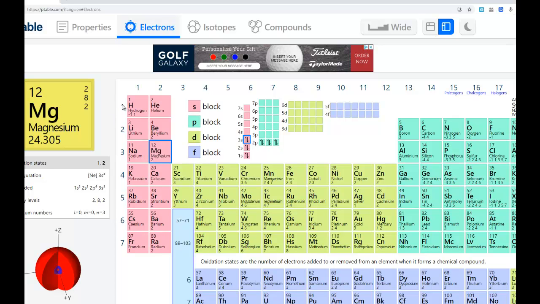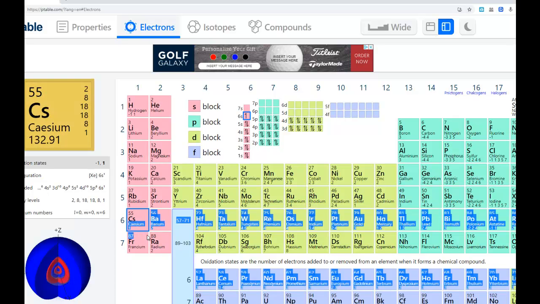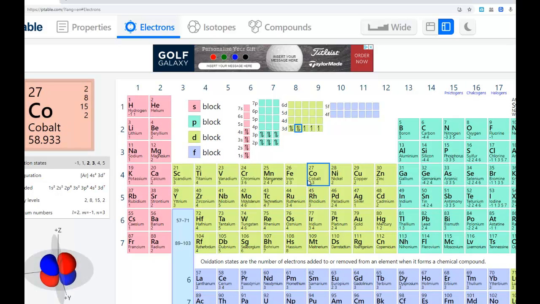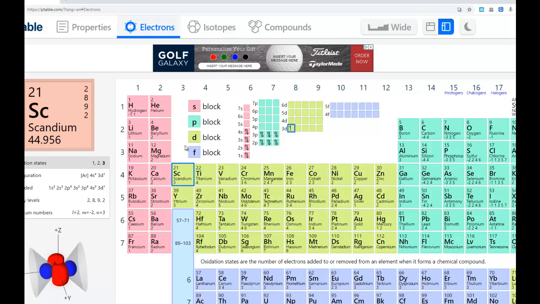So that number here, the place, tells you the name of the subshell. All of these elements in this corner of the table are the elements whose last electron is in the S subshell. The elements here in the middle, the green block, are in the D subshell.